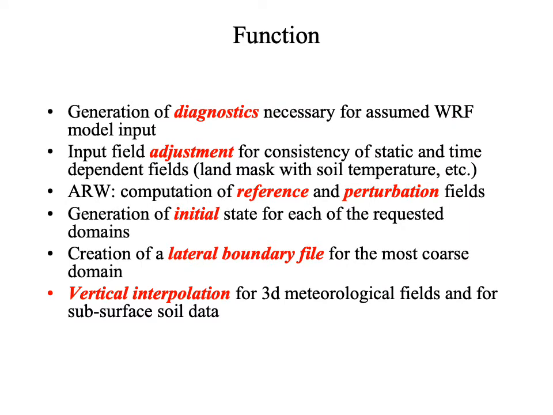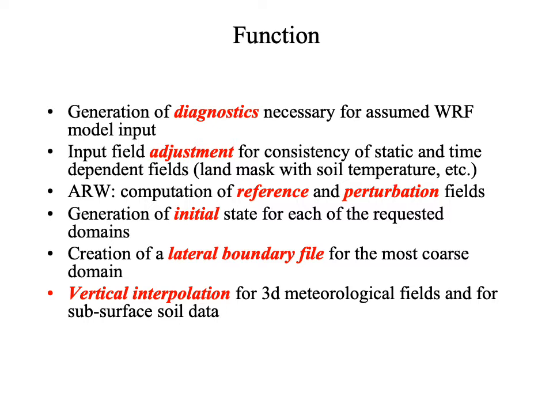The real program does have to generate a number of diagnostics. For example, what traditionally comes out of the WPS MetGrid program is temperature and relative humidity, geopotential height. None of those fields are what the WRF model would like to see. There's a requirement that initial fields are adjusted to be consistent.